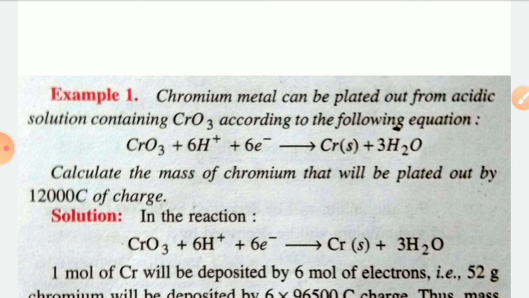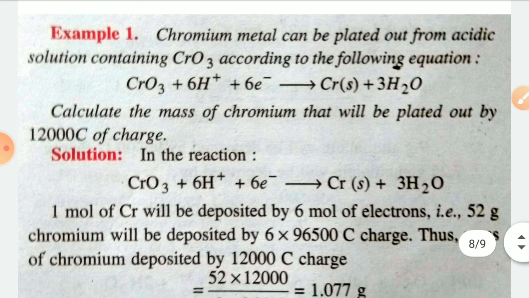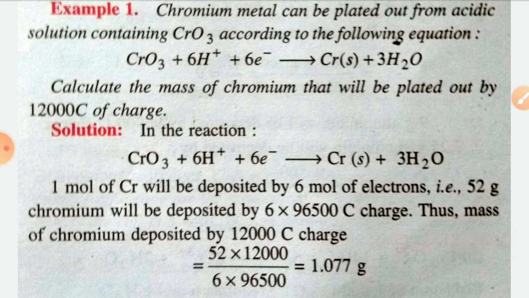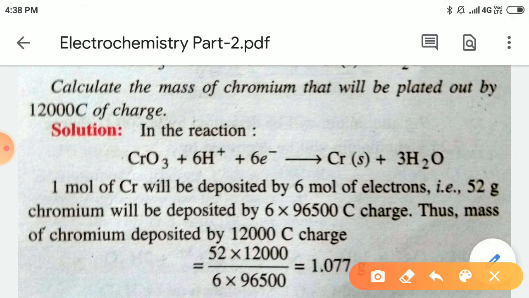12,000 coulomb of charge. To solve this question, first of all we should know how many moles of electrons are required to reduce chromium from the +6 oxidation state to the 0 oxidation state.